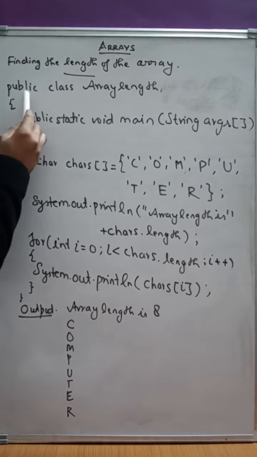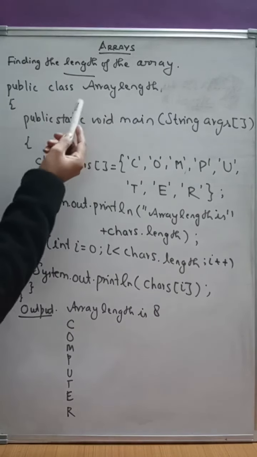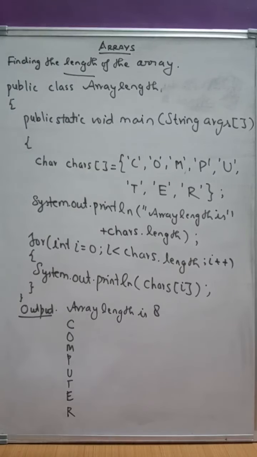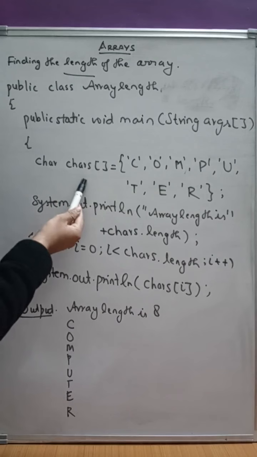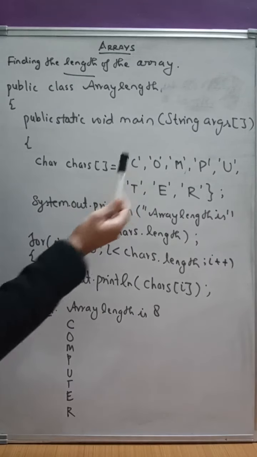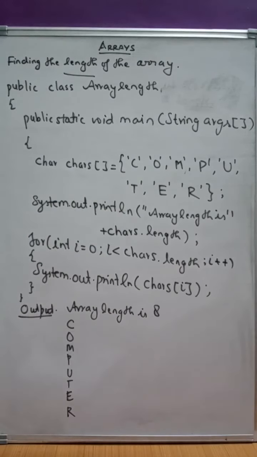First we have declared a class, and then written a main function. After writing the main function, we are taking a character array in which we store the different characters of the word computer.